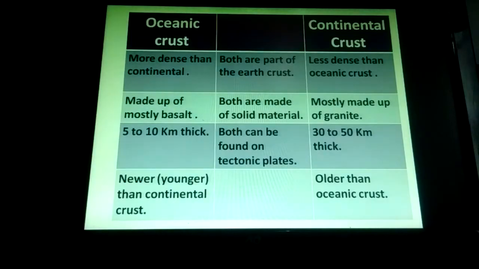Compared to continental crust, oceanic crust is more dense. Oceanic crust is made up of basalt, continental crust of granite. Oceanic crust is 5 to 10 km thick, and continental crust is 30 to 50 km thick.